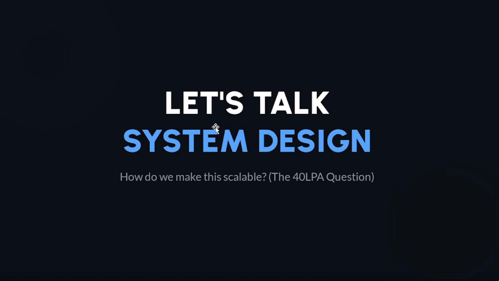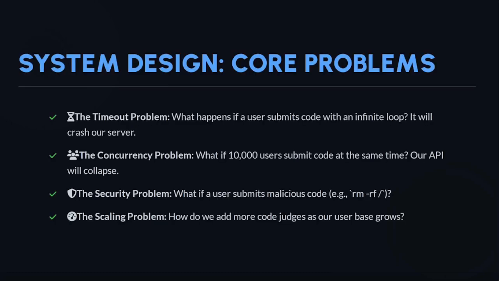So let's talk something about system design. How do we make this scalable? The core problems of system design: first, the timeout problem. What happens if a user submits code with an infinite loop? It will crash our server. Second is the concurrency problem.